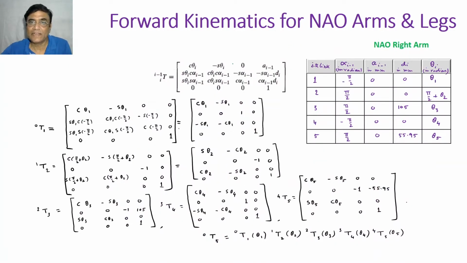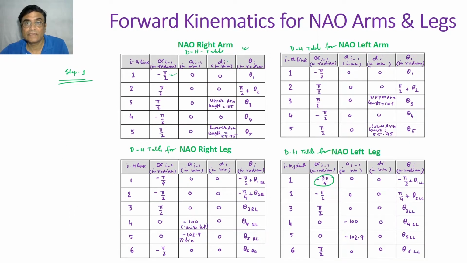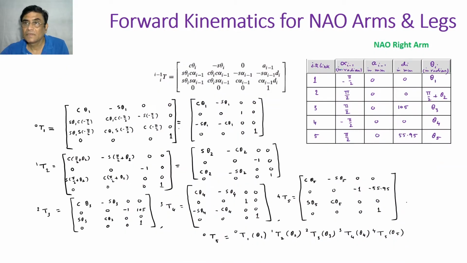Say I would like to model the right arm now. Corresponding to the right arm, I have copied this table and put it here. And this is my matrix. Step by step, you come here.